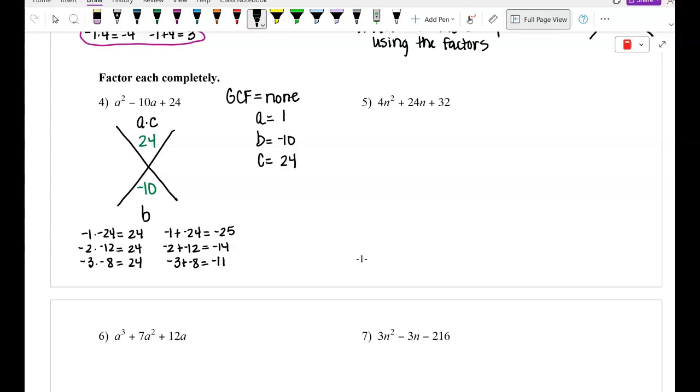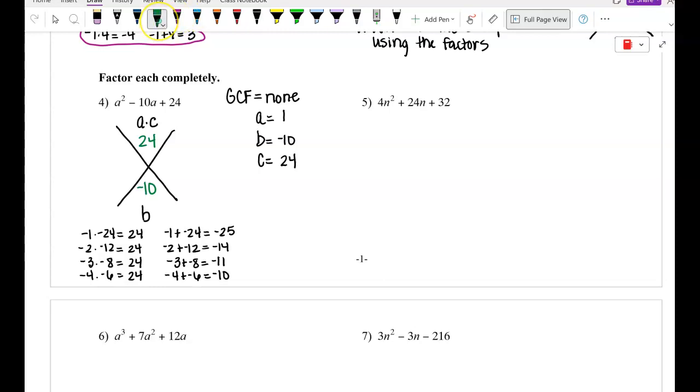We're getting very close, but not there yet. -4 times -6 is positive 24. -4 plus -6 is -10.